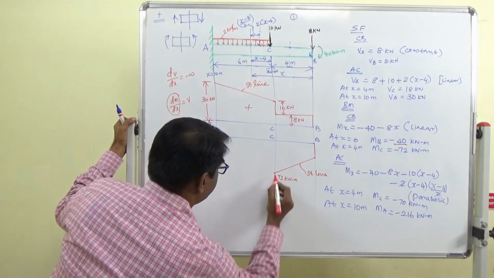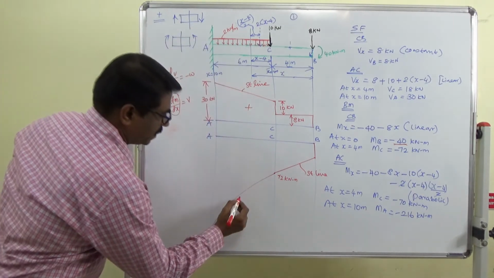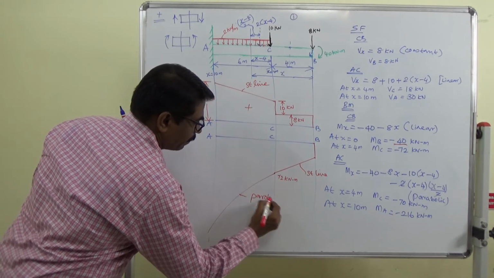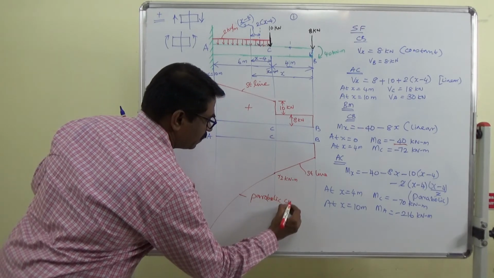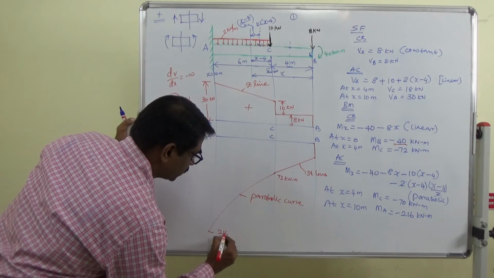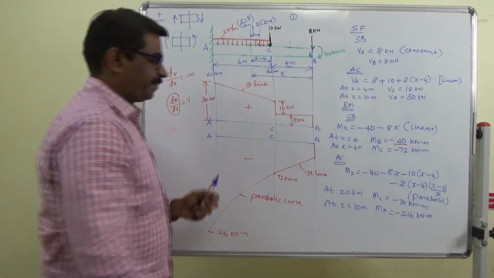So here it's a parabolic curve. The value here is minus 116 kilonewton meter.